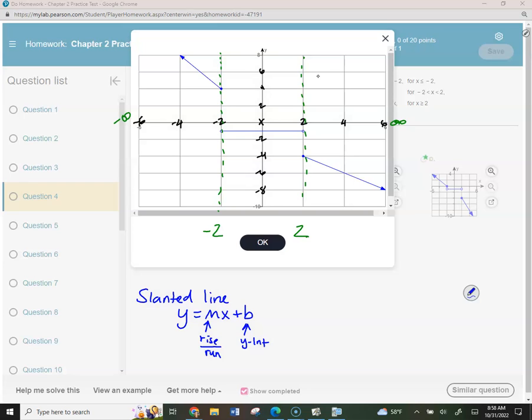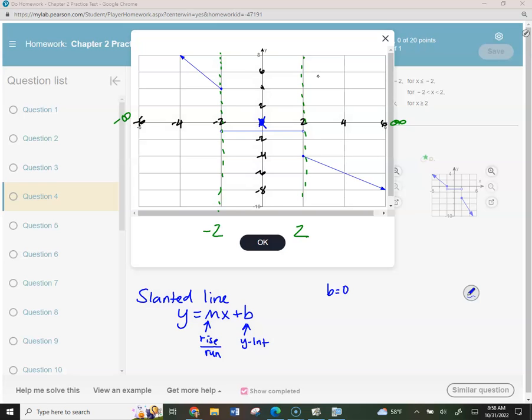Look at from here to here, count it. It fell 2 boxes and then ran 1 box, right? Okay, so we're going to fall 2 boxes and then run 1, and then look where I cross. I'm going to cross at 0. Do y'all see that? How I got it? Okay, so for this line, my B is 0.